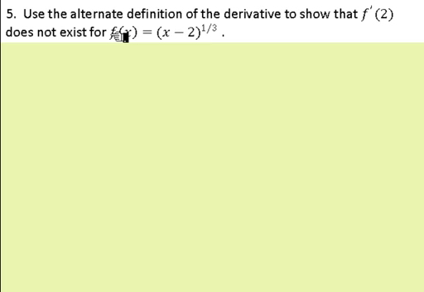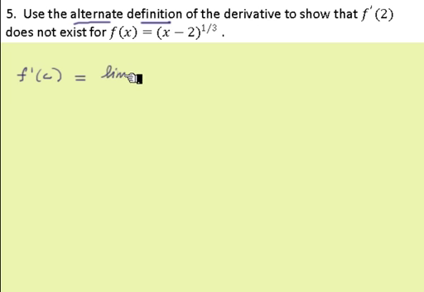In number 5, we want to use, again, the alternate definition of the derivative to show that f prime of 2 does not exist for f of x equal to x minus 2 to the 1/3. So let's proceed by trying to use the alternate definition of the derivative and see if we hit a problem, and see why the derivative does not exist.